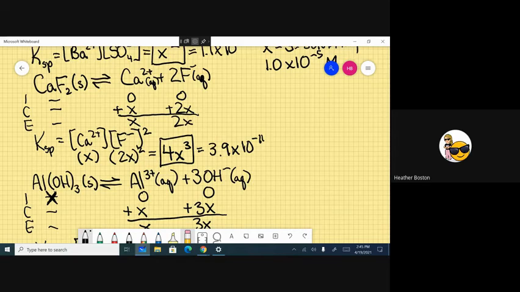So in your calculator, you guys have fancy calculators. If you're doing a simple calculator, you can raise it to the 1/3 power. There's lots of different tricks, but if you need help with that.